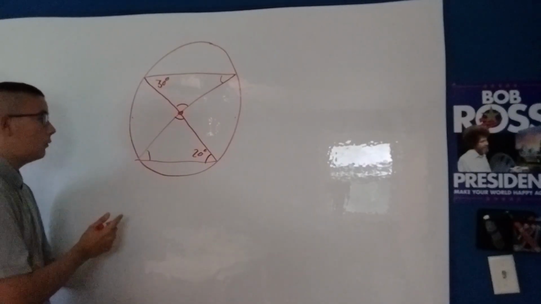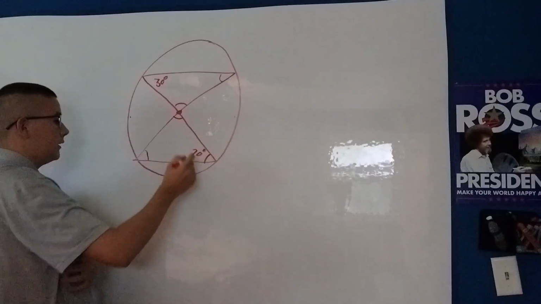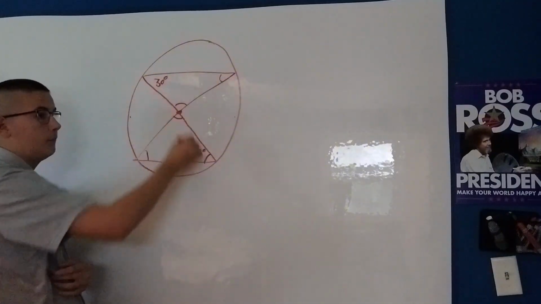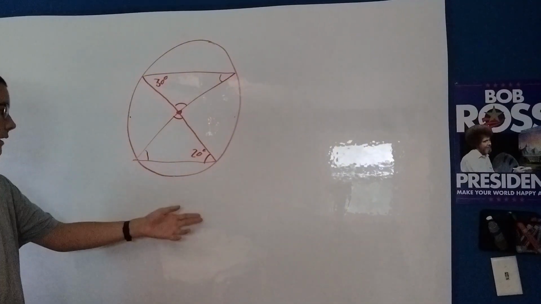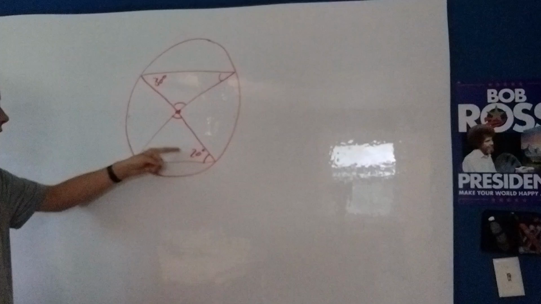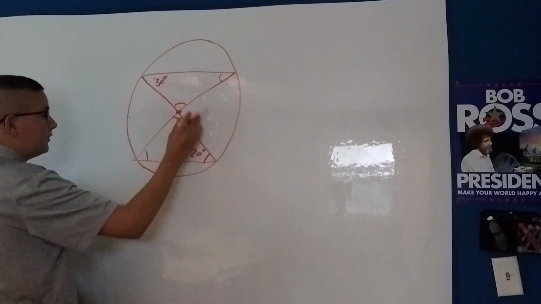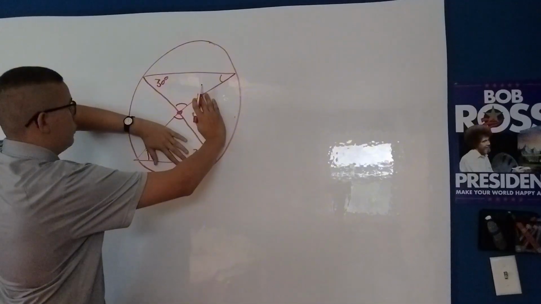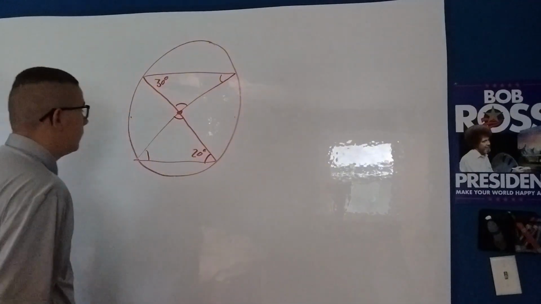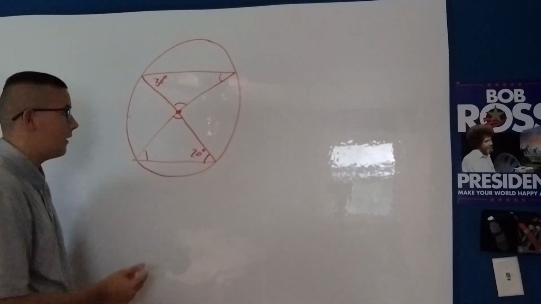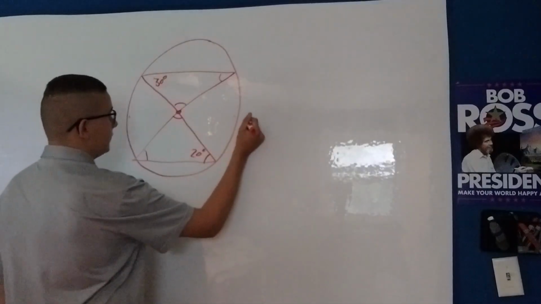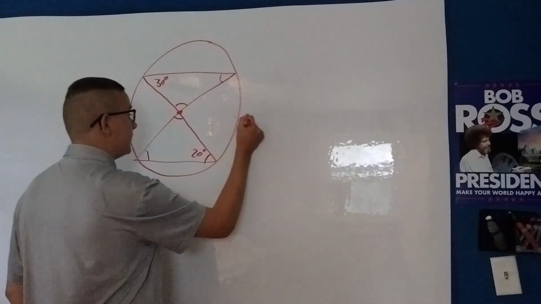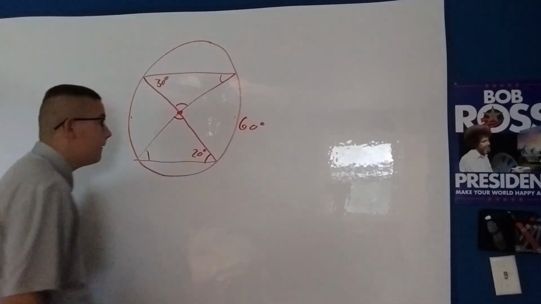Okay, so first we're going to start with these two inscribed angles. We see the 30 degrees and the 20 degrees. Well, if we ignore this here and this line here, we see that we have just a normal inscribed angle, which makes this twice this, or 60, like that.